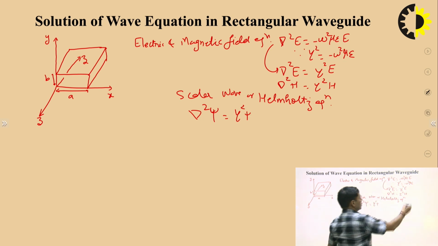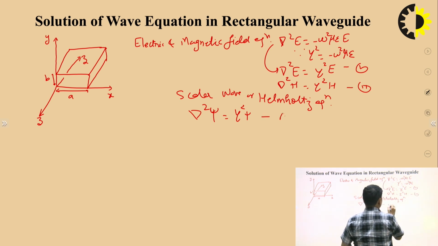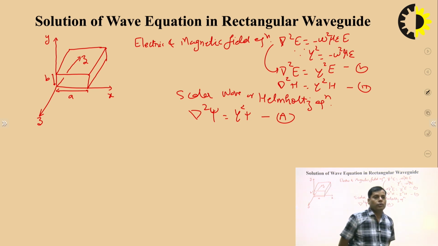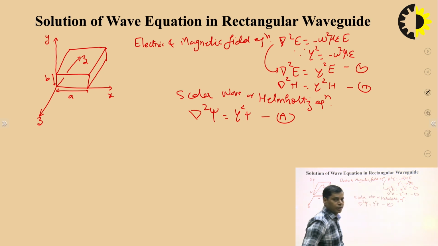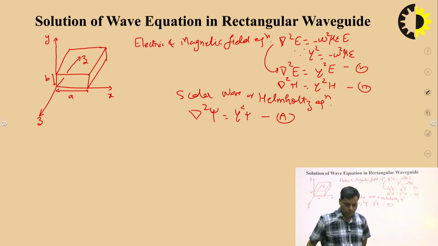Let us say this is equation number A. This is a generalized equation that we are using, and this gamma is valid for the electric field as well as the magnetic field here.